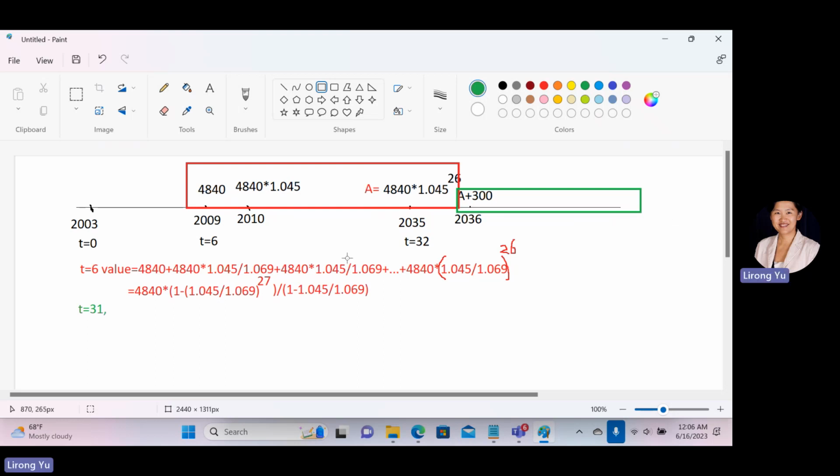So the first one, let's see if it makes sense. If we're using the annuity immediate formula, what we are calculating is its value at t equal to 32 instead of 31.